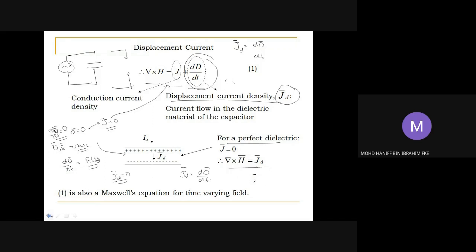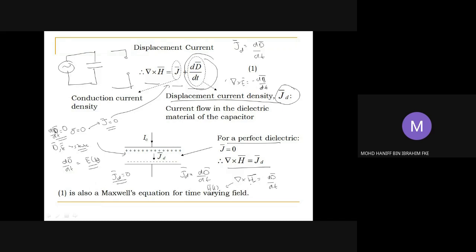For the previous case of Faraday's law, we have the curl of E equals negative dB over dt, in which we have agreed that based on this equation, the time-varying electric field is produced from the changes of the time-varying magnetic field. For the case of displacement current density, we have the curl of H equals dD over dt, where H is time-varying.